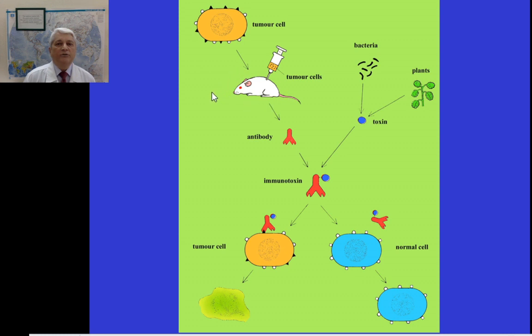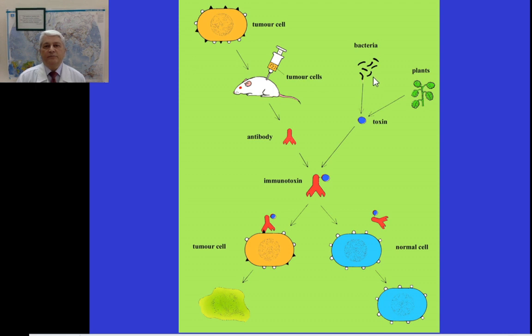Then mouse will produce antibodies against tumor cells, against specific antigens of tumor cells, and we use here hybridoma technology, and finally we receive monoclonal antibodies in large amounts that can specifically react with these black antigens on the surface of the tumor cells.